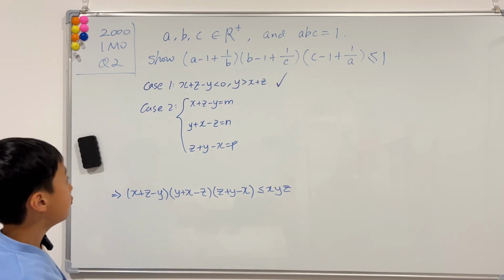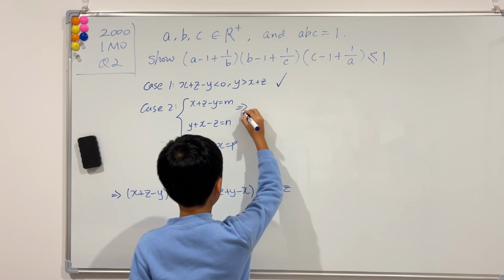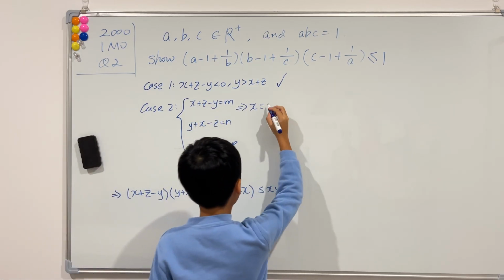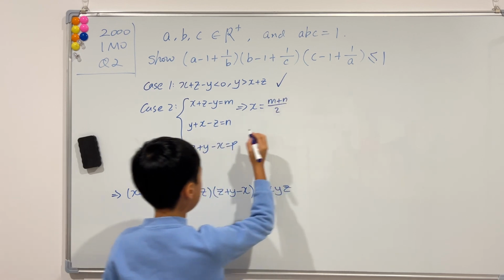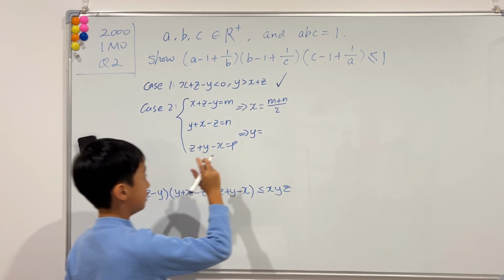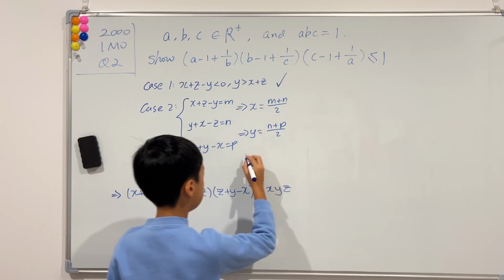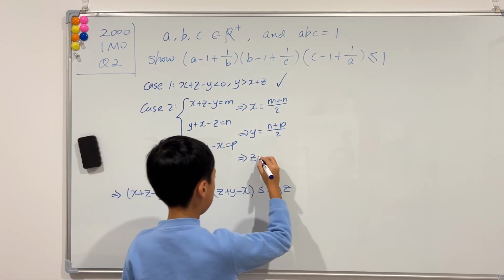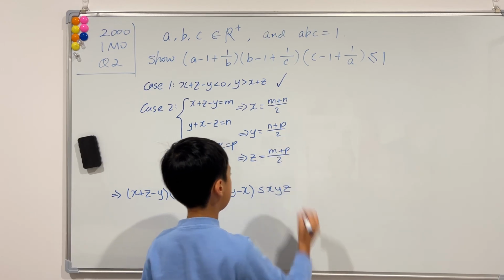So now we can easily figure out x, y, and z. So we'll get x is, just add the first 2 equations up. So you get (m plus n) over 2. Similarly for y, add the last 2 equations up. So we'll get (n plus p) over 2. And for z, just add the first and third equations up. So we'll get (m plus p) over 2.